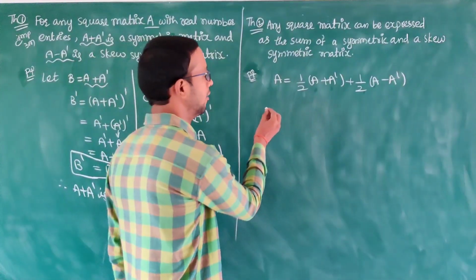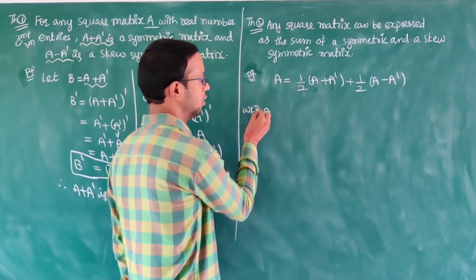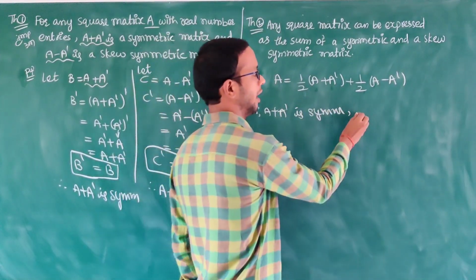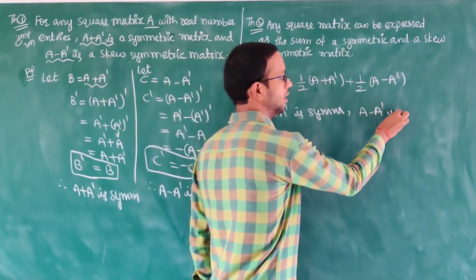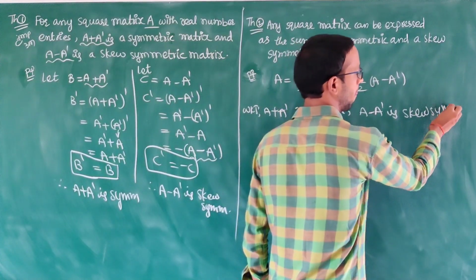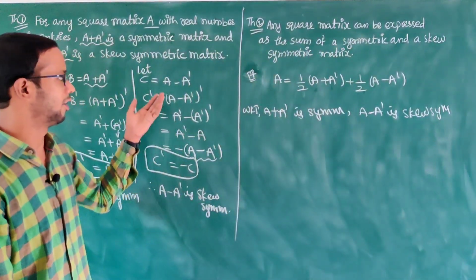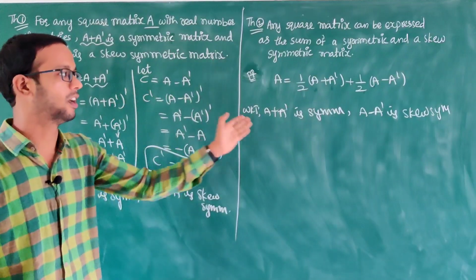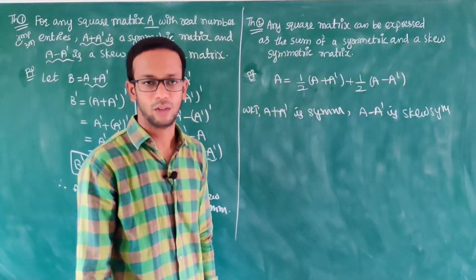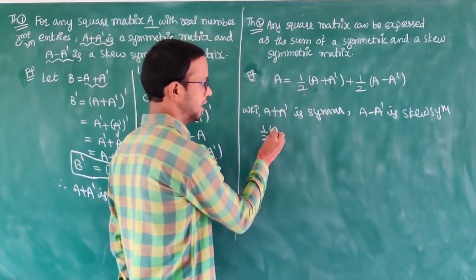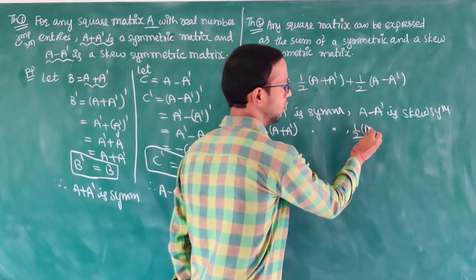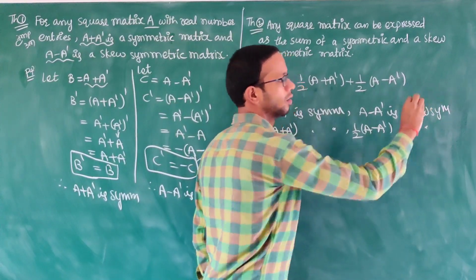For that purpose, we know that A plus A dash is a symmetric matrix. Next, A minus A dash is a skew symmetric matrix. Why? Because we just discussed this in theorem number 1, and I used that here. This one is symmetric and this one is skew symmetric, so 1 by 2 into (A plus A dash) is also symmetric, and 1 by 2 into (A minus A dash) is also skew symmetric.